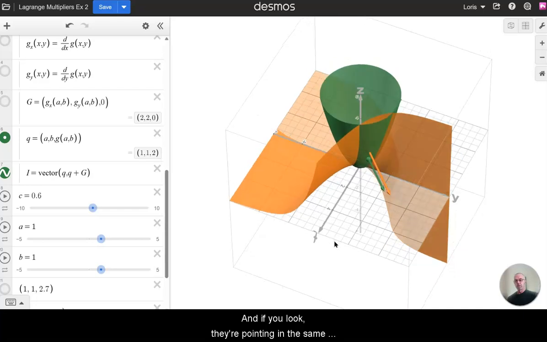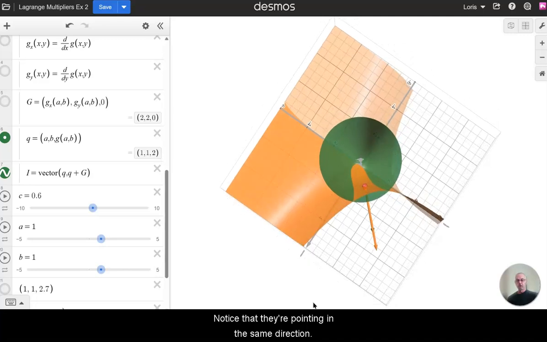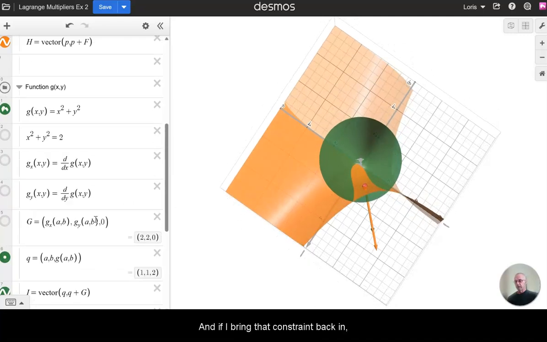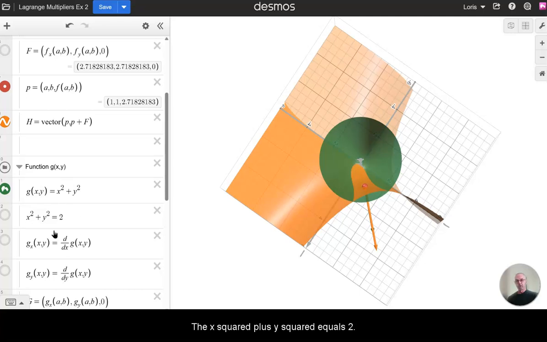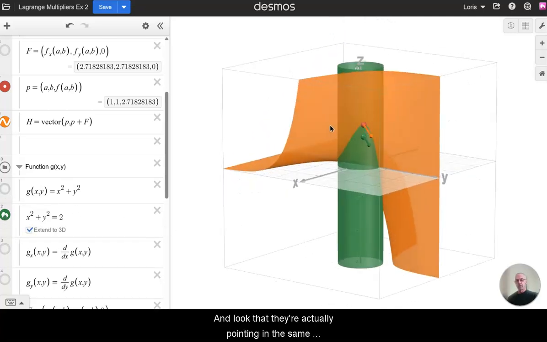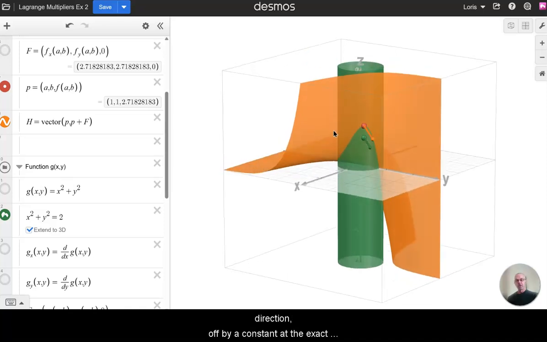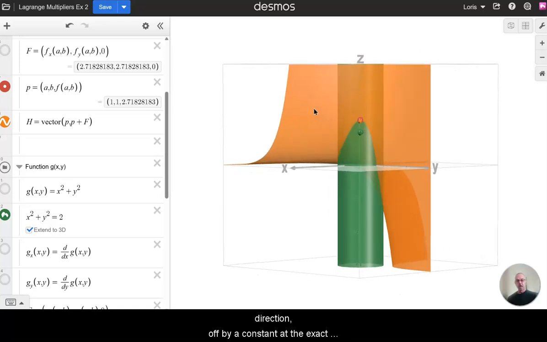And if you look, they're pointing in the same direction, or if they're the negative versions of each other, like one vector is equal to a negative constant times the other. Notice that they're pointing in the same direction, and if I bring that constraint back in, the x squared plus y squared equals 2, look where they end up, and look that they're actually pointing in the same direction, off by a constant, at the exact point, at the f point where there's a max.